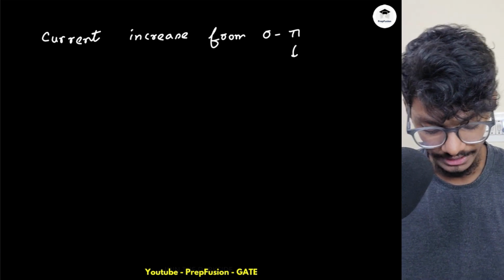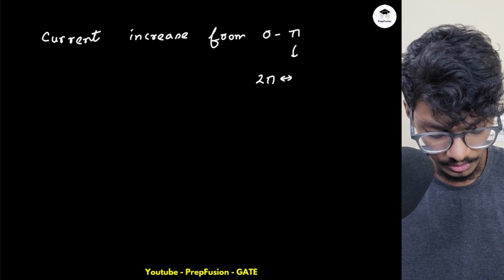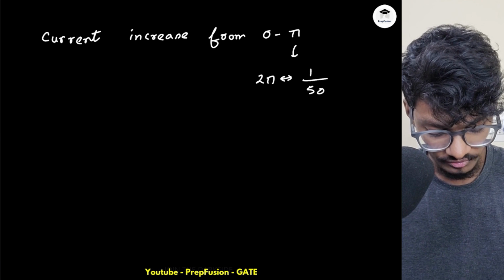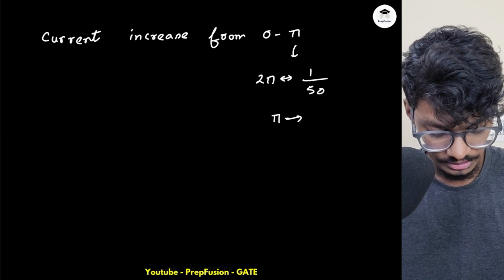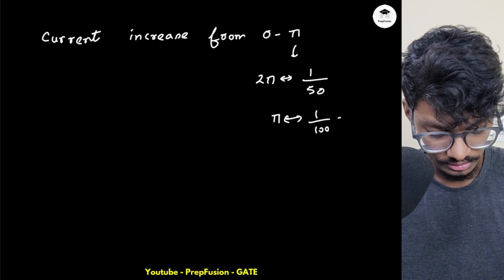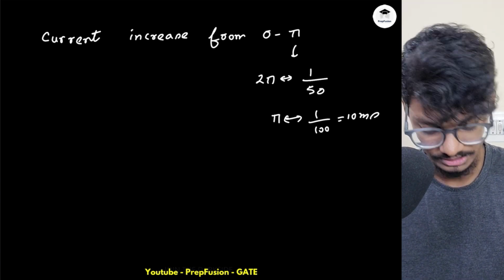Pi, like I know, right? 2 pi is what? 2 pi is 1 by 50. Then pi will be simply 1 by 100, which is 10 milliseconds, right?